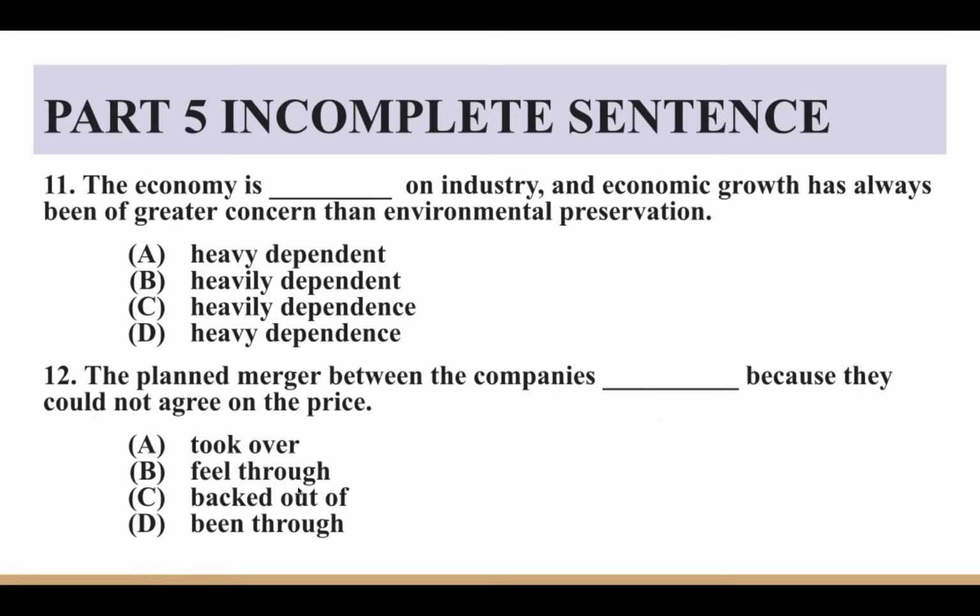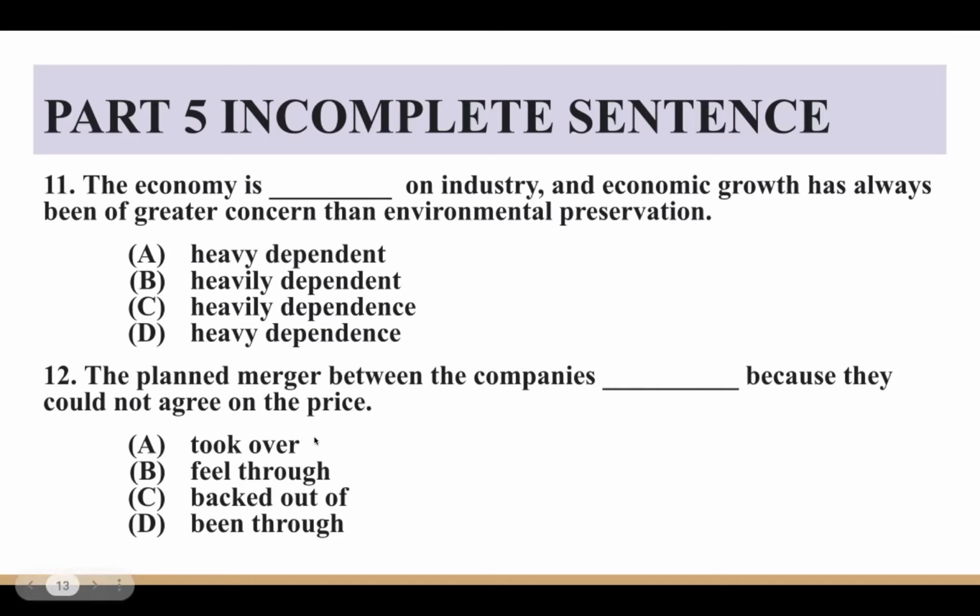emphasis on something, which refers to a positive connotation here. Back out of might not happen here, but I would say it's a little bit tricky, just because they tried to merge two companies but could not agree on the price, meaning that it differs.